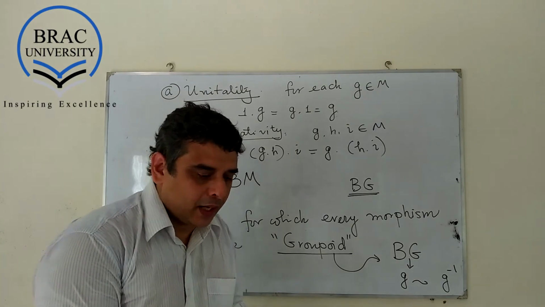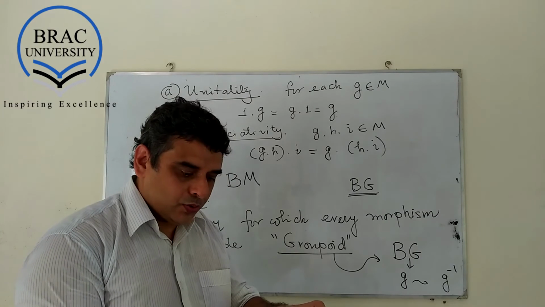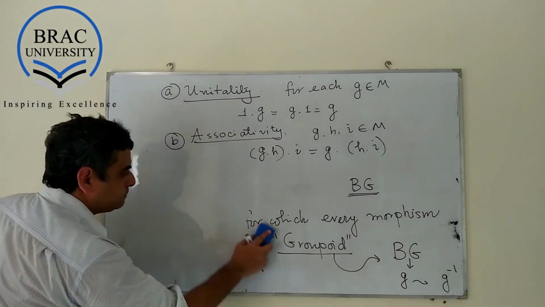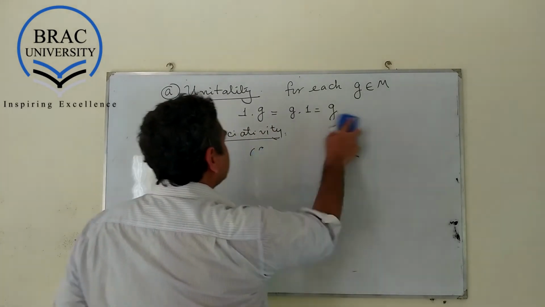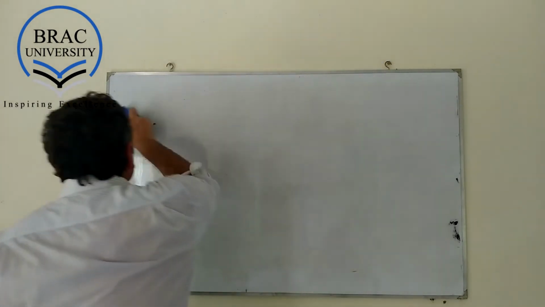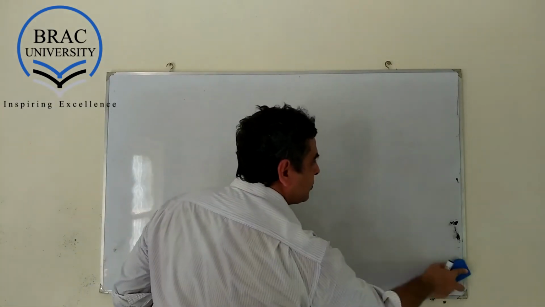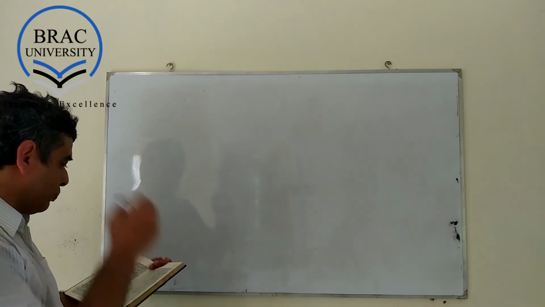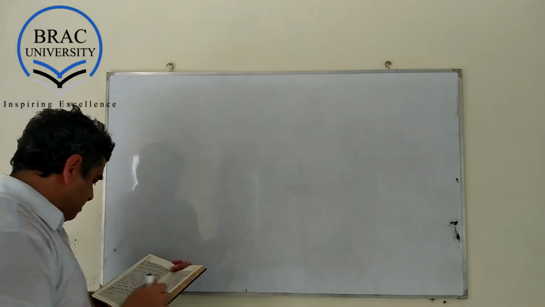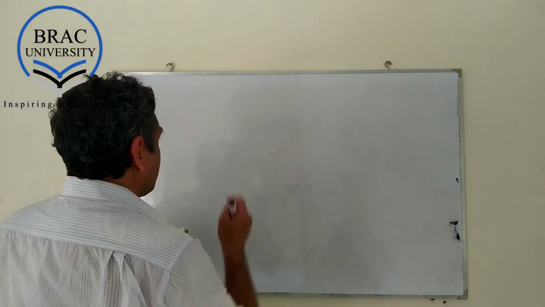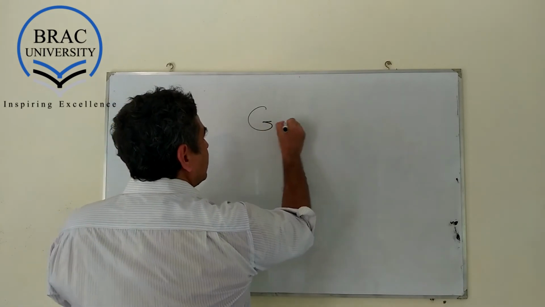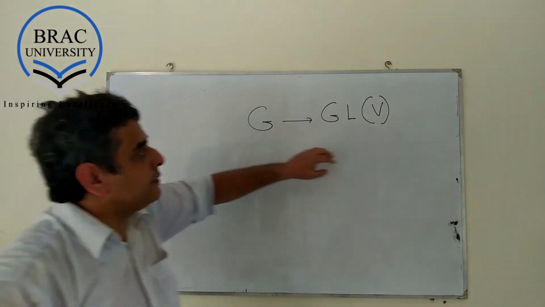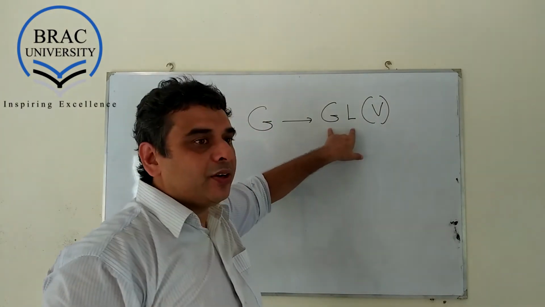Okay. Now, I need you to understand the concept of the representation of a group. So let me define the group representation. Very briefly, we want a map like this, where G is the underlying group, V is a vector space, and GL means general linear.